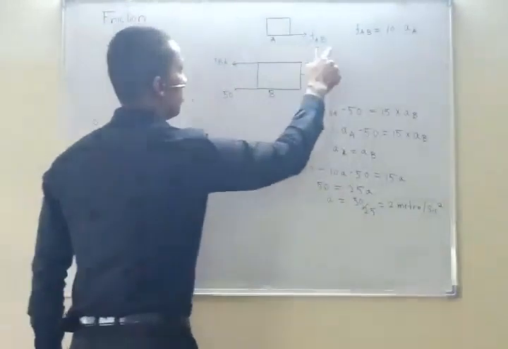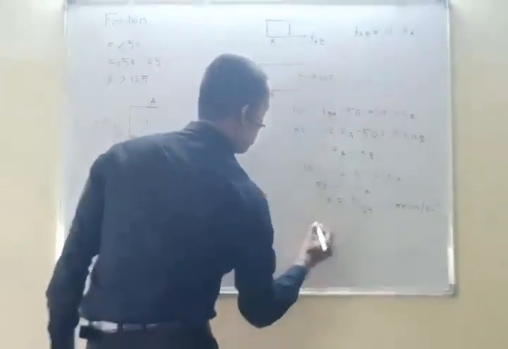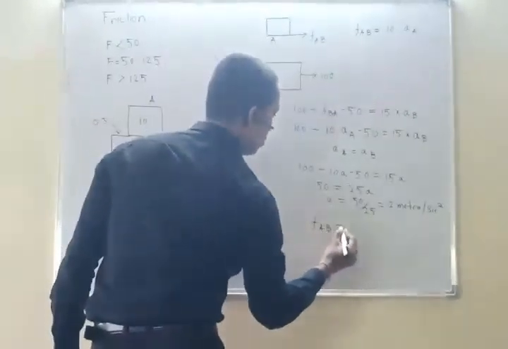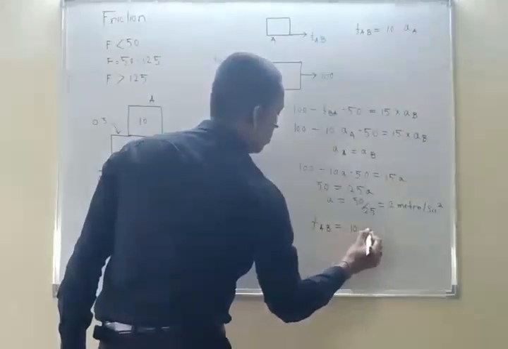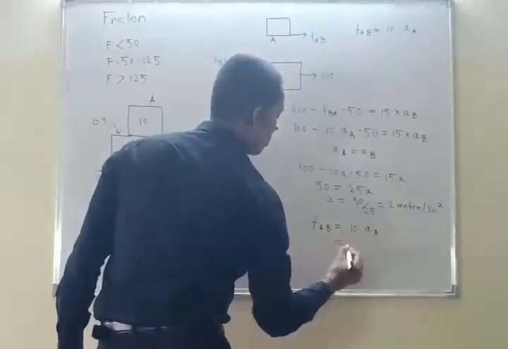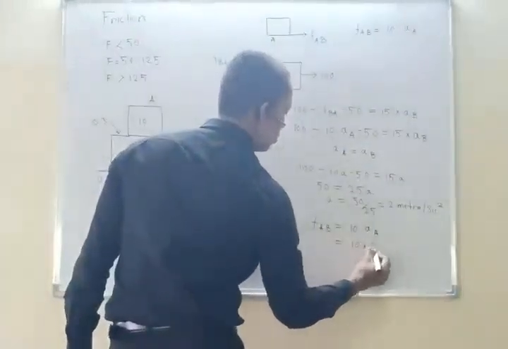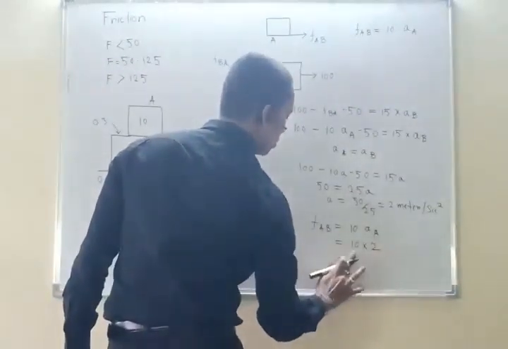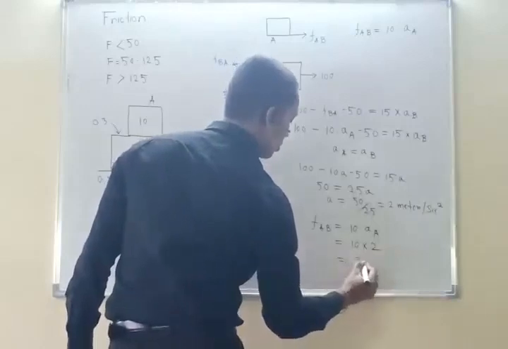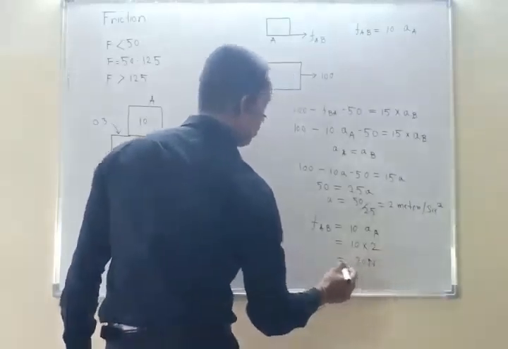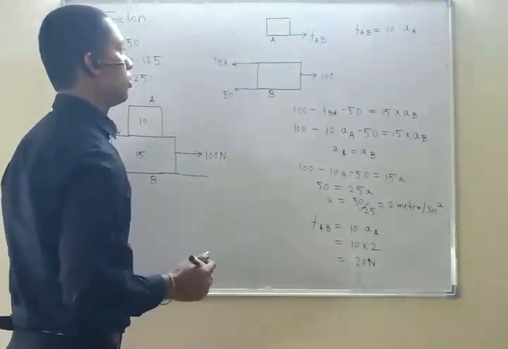How? See, FAB is equal to 10 into AA. So 10 into 2 is 20. That is 20 Newton. So FAB is 20 Newton.